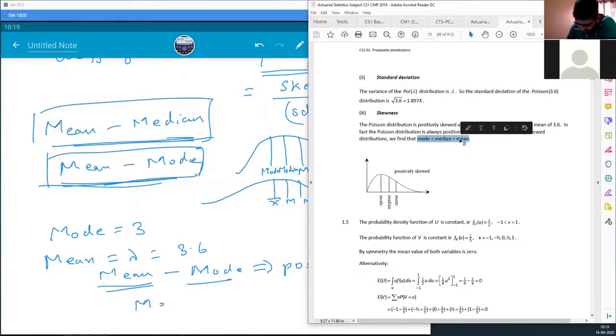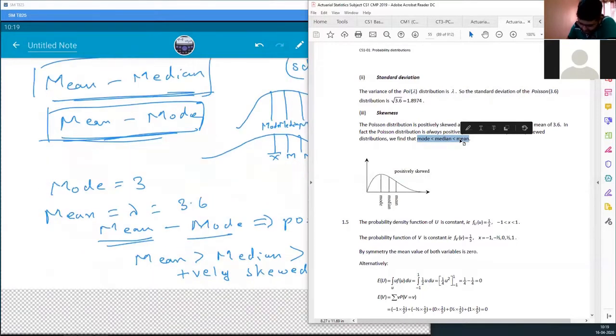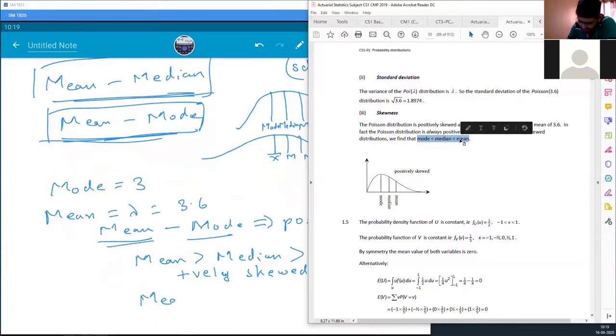We'll have mean, median, and the median will always be between mean and mode. Okay, and either we'll have mean greater than median, greater than mode. If that happens, this is positively skewed. If it is the other way around, mean is less than median, less than mode, then it is negatively skewed. So just by looking at this comparison, you can talk about skewness.